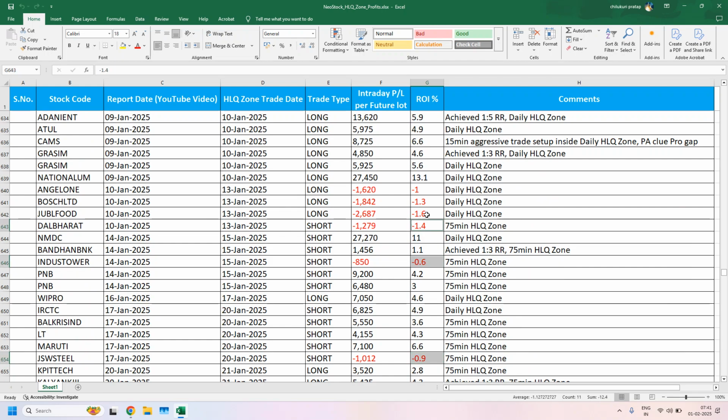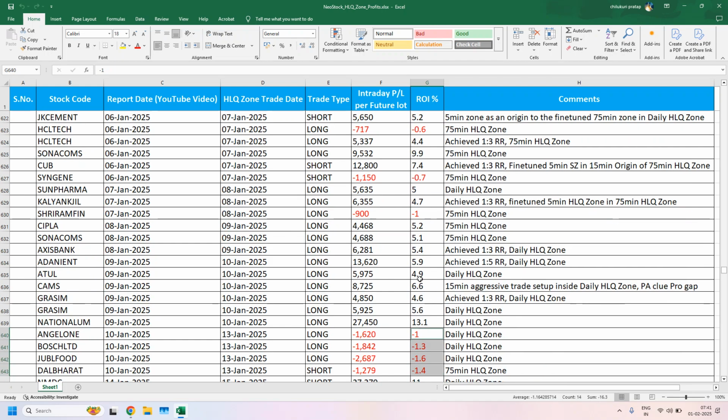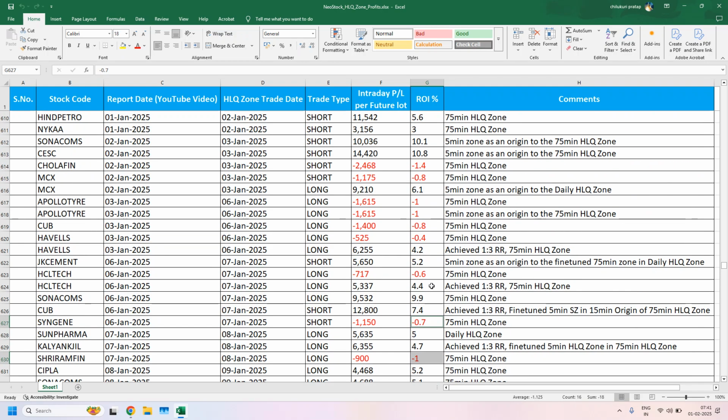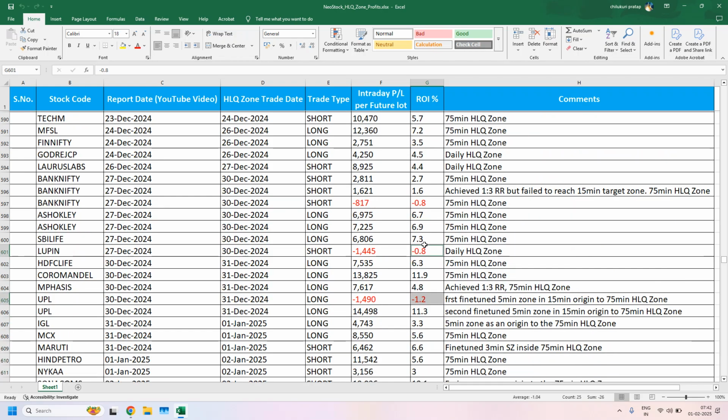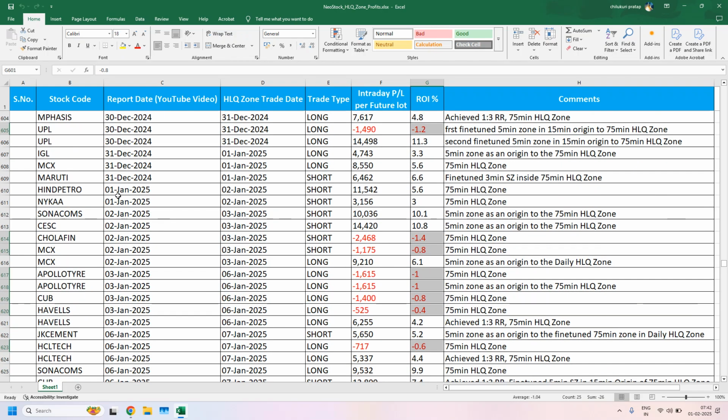All the stopped out trades, how much? Because this month we have more stopped out trades. But anyway, all these stopped out trades together, January, sorry, this is the last month.